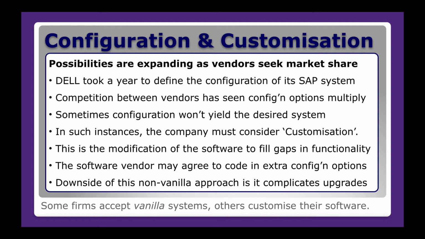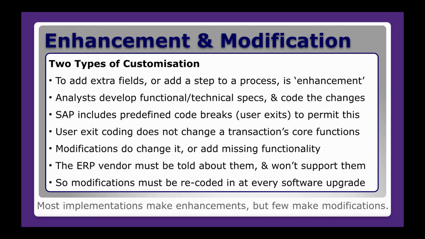So you modify the software to fill gaps in functionality through composite applications or however you're going to do it. And the software vendor may agree to add some extra configuration options which are non-standard. The problem with this is it complicates upgrades. When you come to do an upgrade, you've got to put those customizations in yet again.